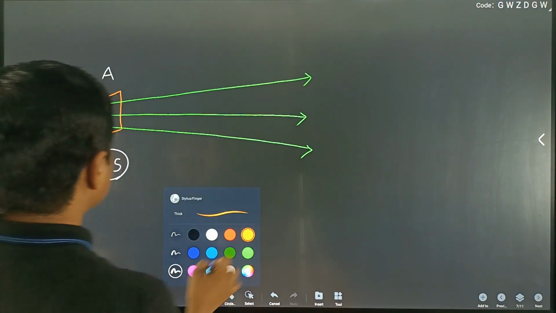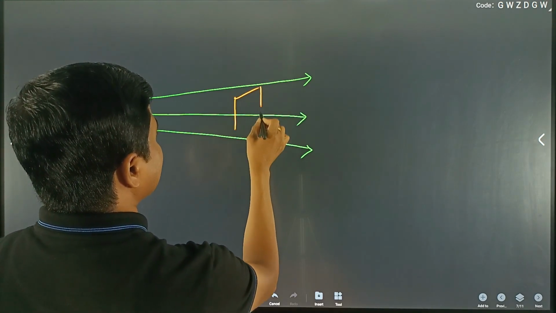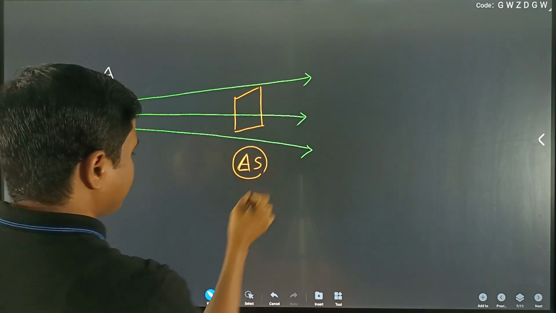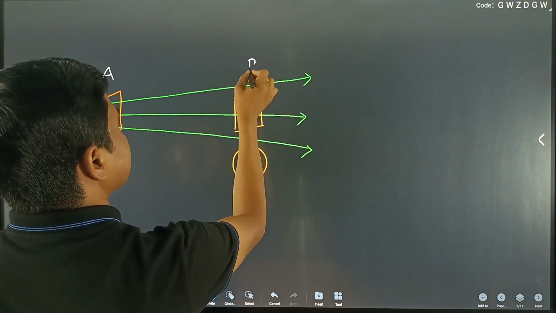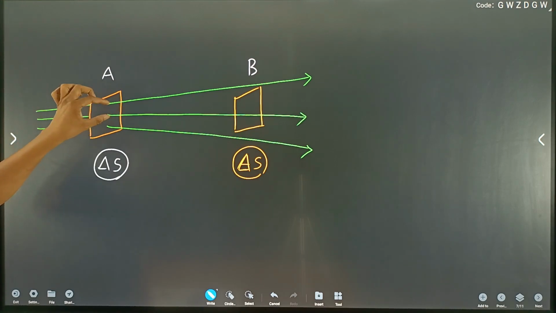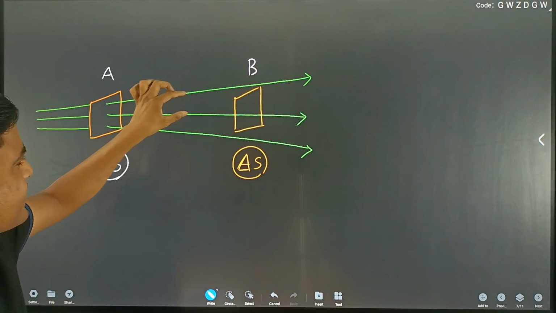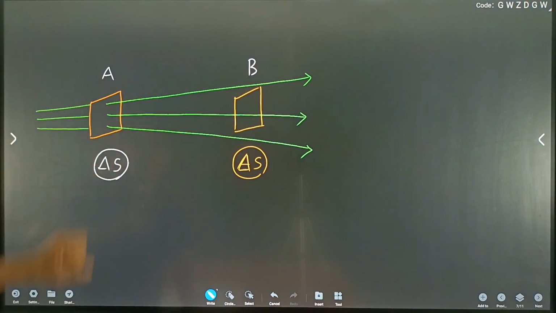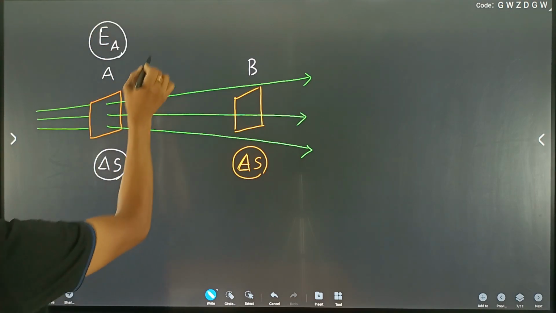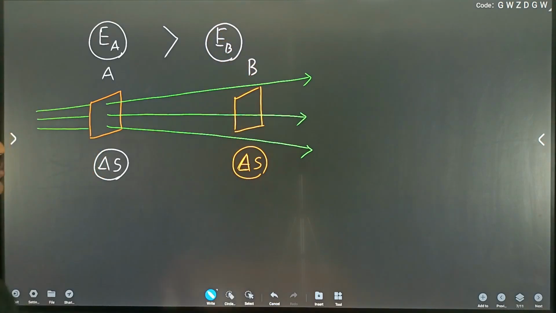Then we take the same small area element, that is also del S, and suppose it is placed at point B. In this figure, at point A the distance between electric field lines is small as compared to point B, because the distance between two electric field lines gradually increases, so at point A the electric field intensity is greater as compared to the electric field intensity at point B.